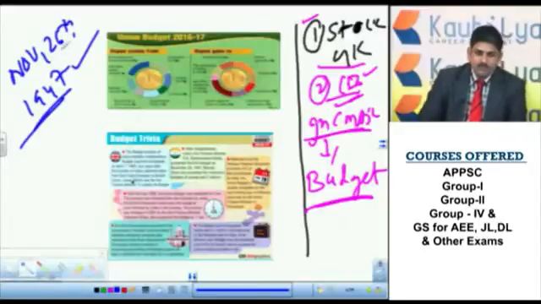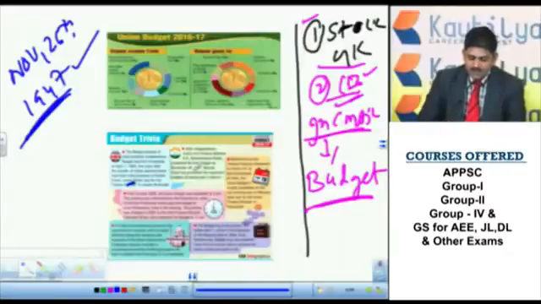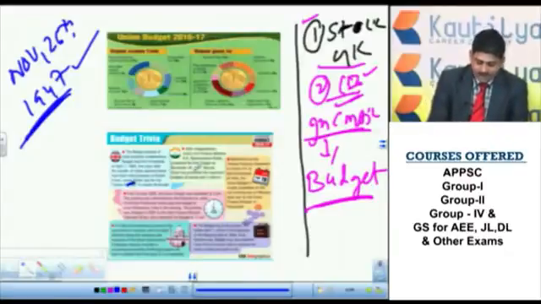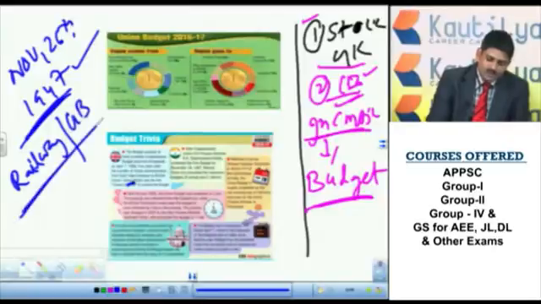So we have seen three stock GK points so far: Article 112 and the annual financial statement, James Wilson, and R.K. Shanmukham Chetty.